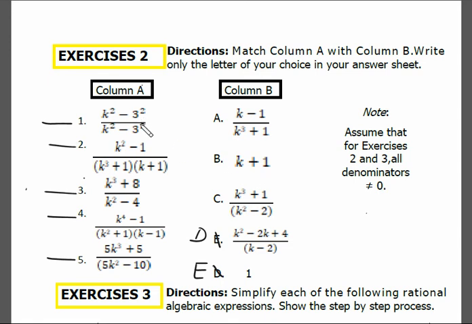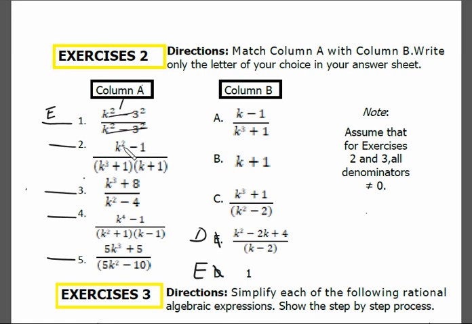Okay, so for number 1, what are the factors of this? So k squared minus 3 squared all over the same expression as the numerator. So we can cancel this and this one. So it ends up with 1. It's pretty easy. So the answer is letter E, obvious. Then here in number 2, k squared minus 1. What are the factors of this one?